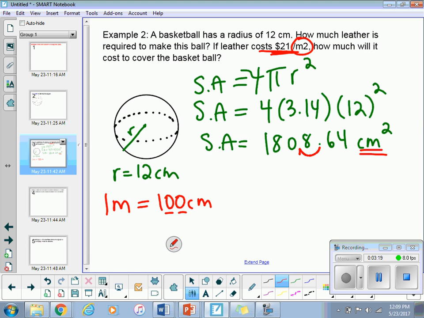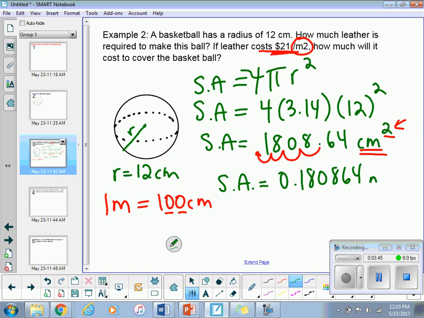So 1, 2, but because it is squared, we're actually going to move the decimal to the left 4 times, okay? And so if you convert centimeters squared to meters squared, you have to divide by 10,000, okay?